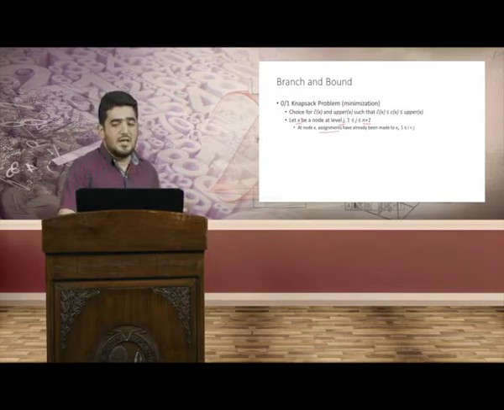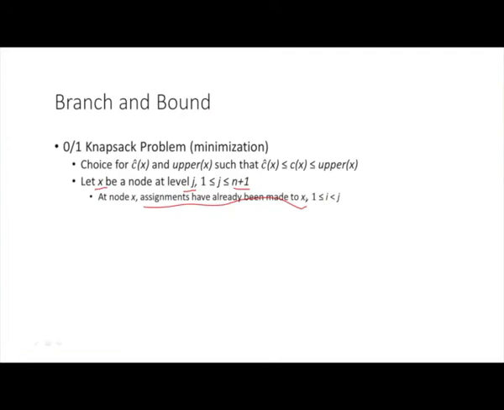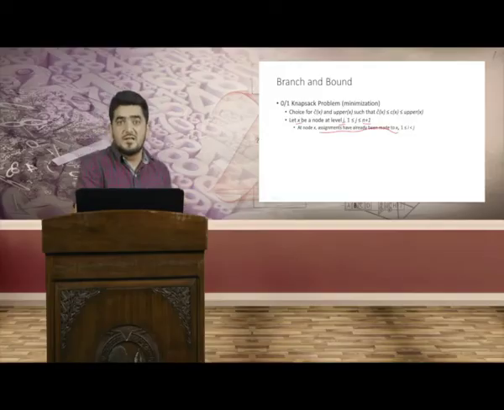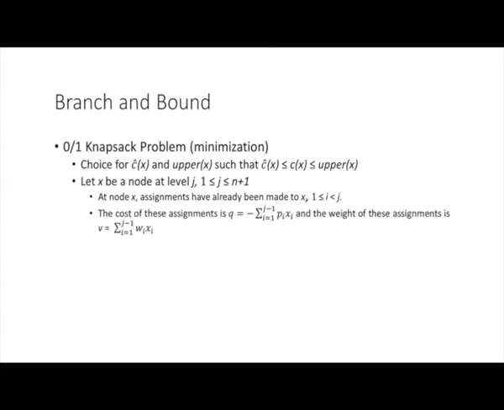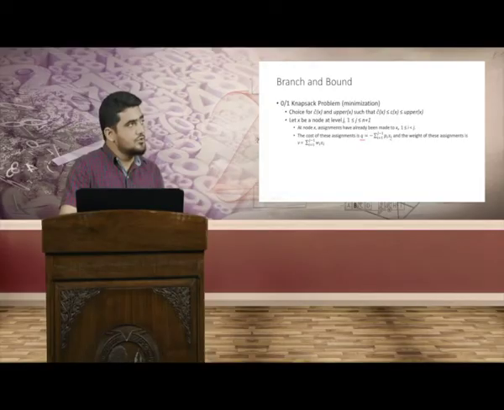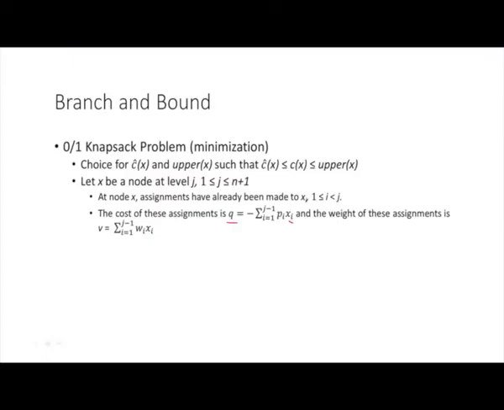So let's suppose we have this node x belonging to level j, and we have already made assignments to all xi's for i less than j, that is, we have selected the nodes up to level j, and we can determine the profit that we have so far up to level j. How do we do that? The cost of these assignments that we have made so far would be the sum of xi times that particular item's profit, and this is minimized.